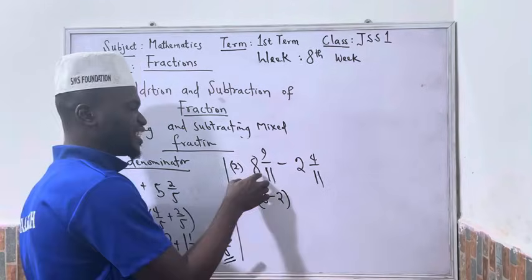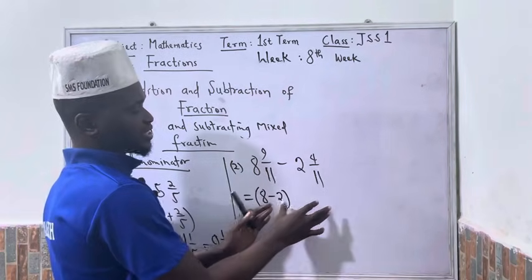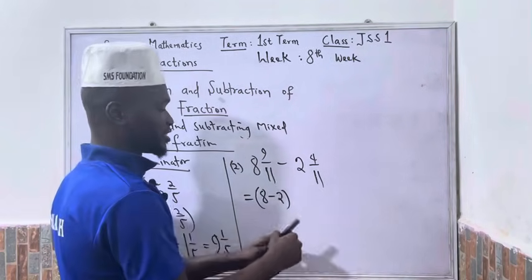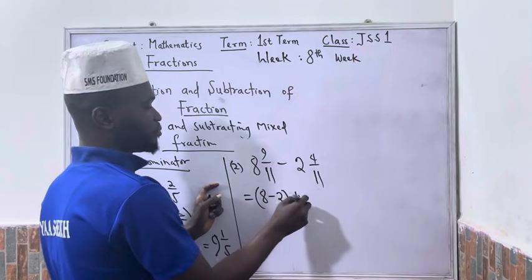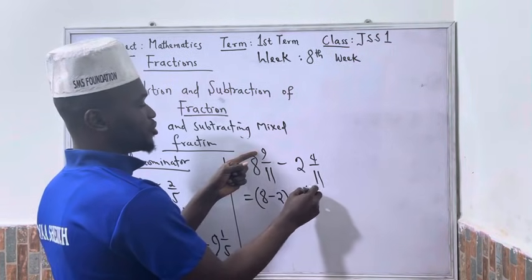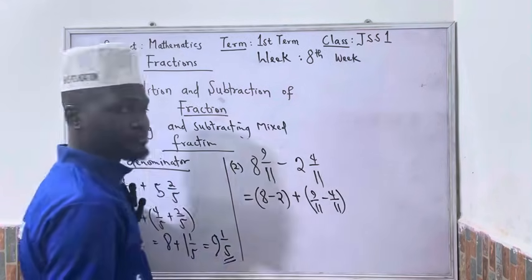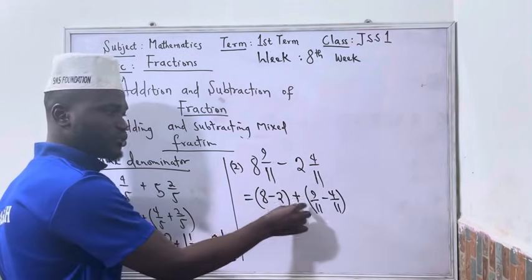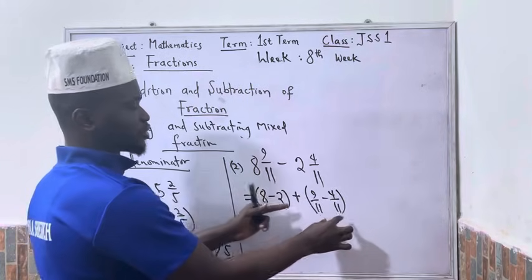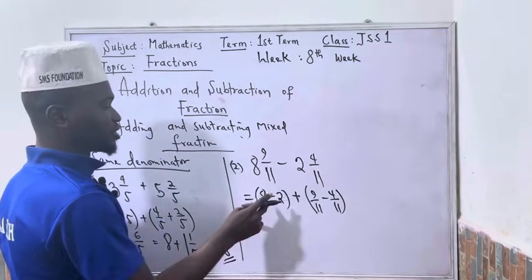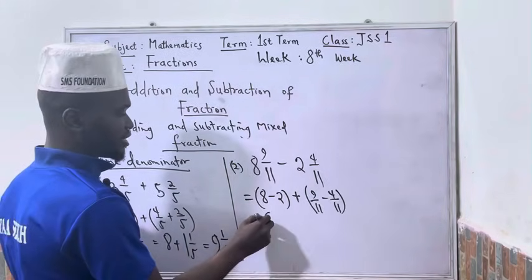Now, how can I connect the whole number part with the fractional part? I'll put plus. Then I'll open another bracket for 9 over 11 minus 4 over 11. Plus must be the one between, but if you are subtracting the fraction, you use minus. Good. What is 8 minus 2? That is 6.